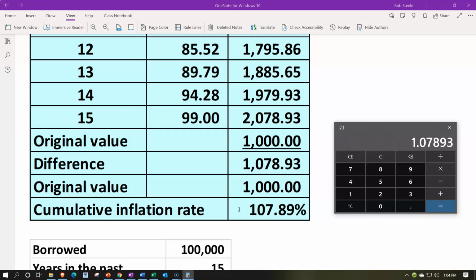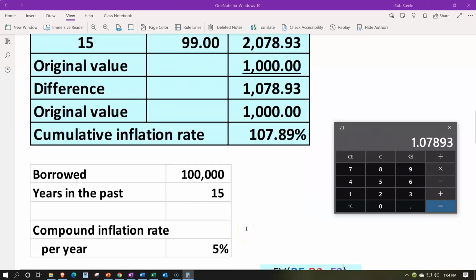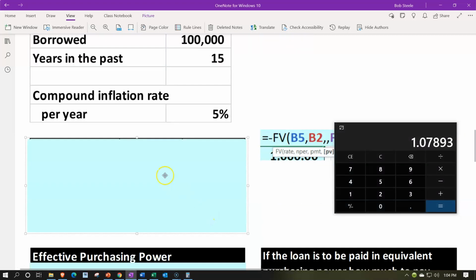This is where we ended off at. This was our beginning point to the end of 15 years. There's our difference. Then you take the difference and divide it by the beginning point, the 1,000, to get our percentage increase. In this case, the 107.89. So that's one way we can look at it.